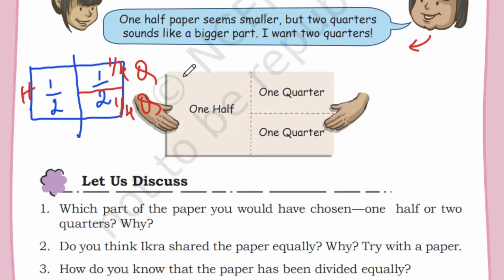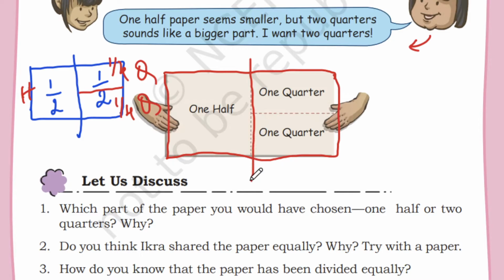But the real thing is both are equal. This is one full whole, and this is cut into 2 equal halves. This is the first half and this is the second half. The second half is divided into 2 equal quarters. So this is 1 by 4, this is 1 by 4. So these two are equal.